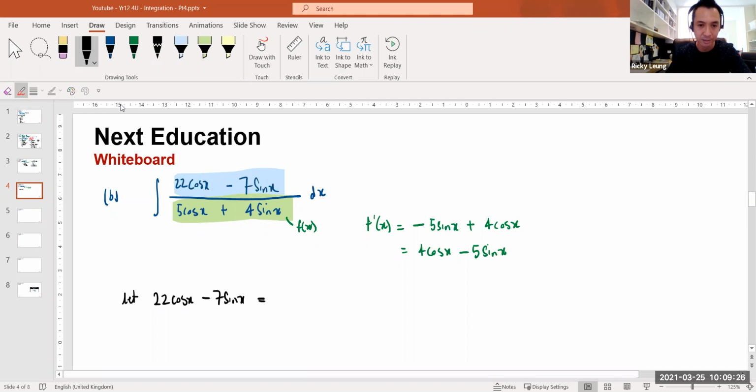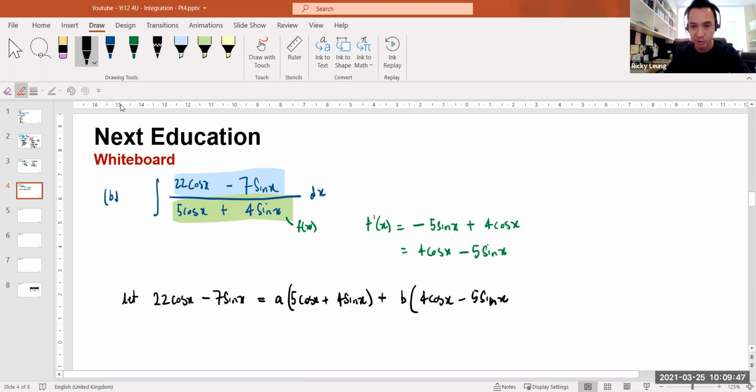as a combination of the f(x), so 5 cos x plus 4 sine x, and I'm going to multiply that by a constant A, and a constant B to the derivative. Because guys, what am I aiming to do?